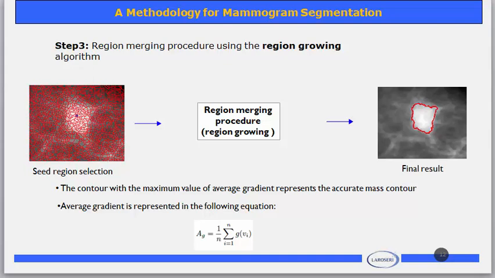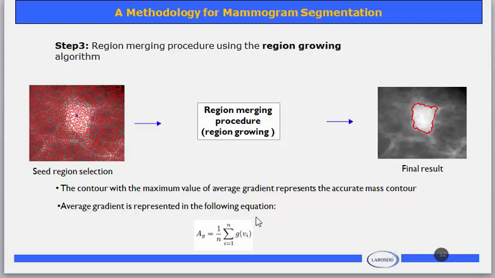This seed region grows iteratively, agglomerates with its similar neighbor regions. The growing process stops when there is no candidate region for the agglomeration. Finally, the contour with the maximum value of average gradient represents the accurate mass contour.